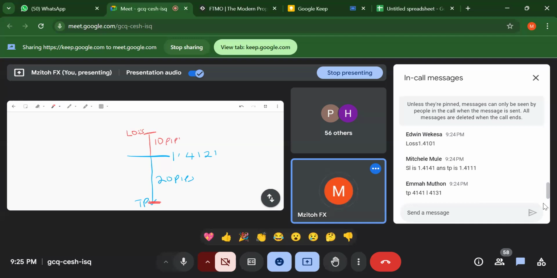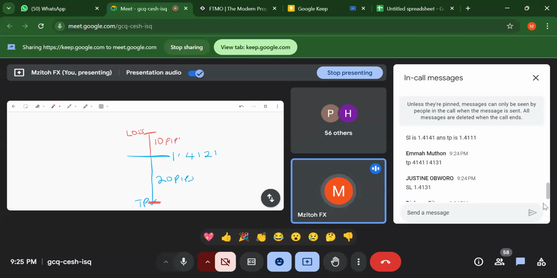So I told you pips are not easy. We just finished the class today with pips. TP 4141 wrong. Emma Justin, SL 4131 correct. Dixon Gituma, 4101 TP, 4111 loss.